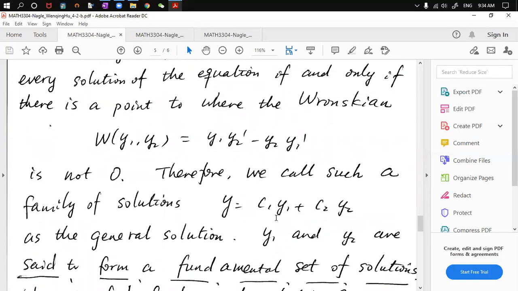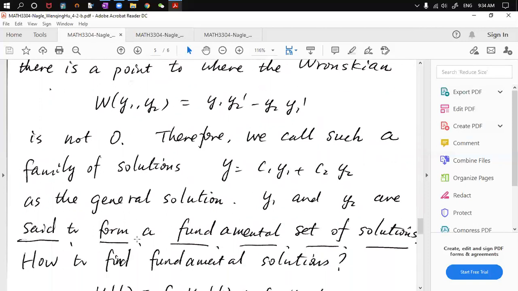If you have a non-zero Wronskian, we say you have built a fundamental set of solutions, and linear combinations give you the general solution. That's an interesting phenomenon and very important, because now we're doing a theory.